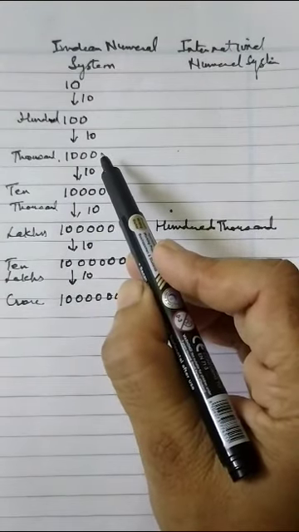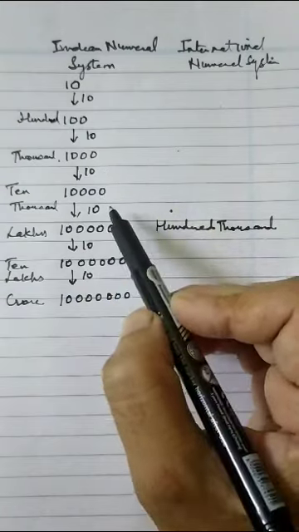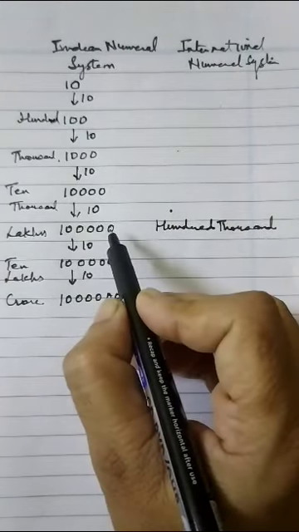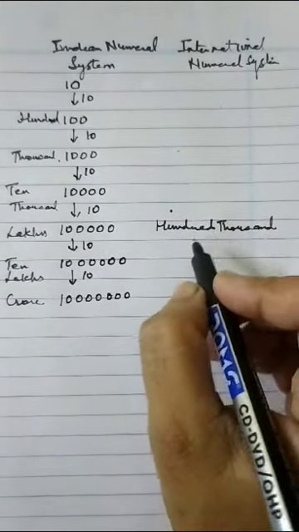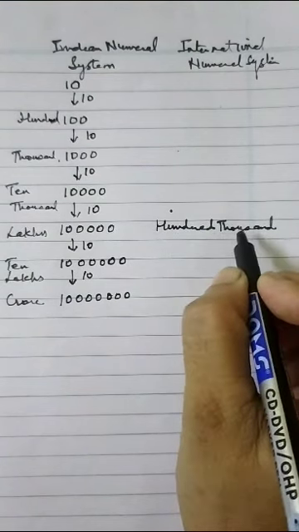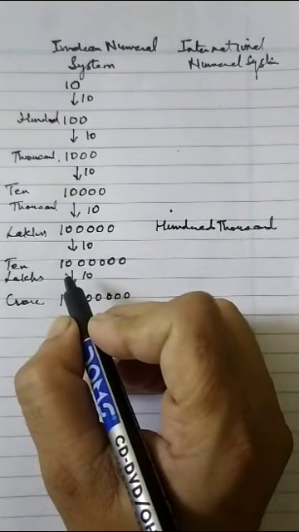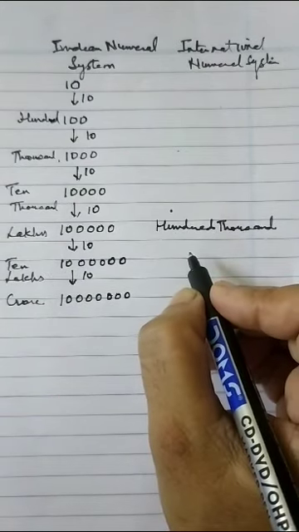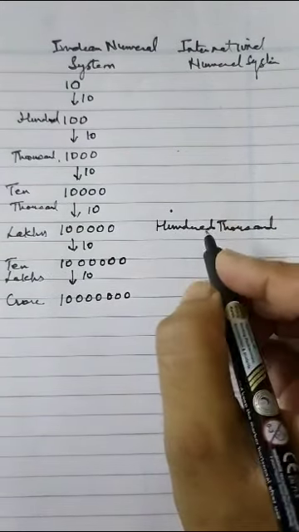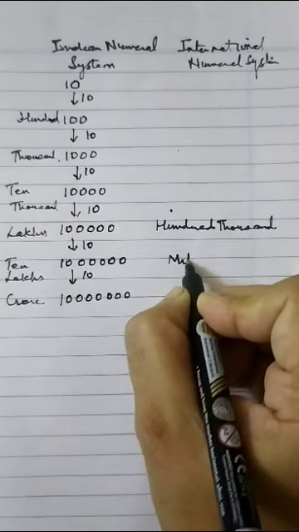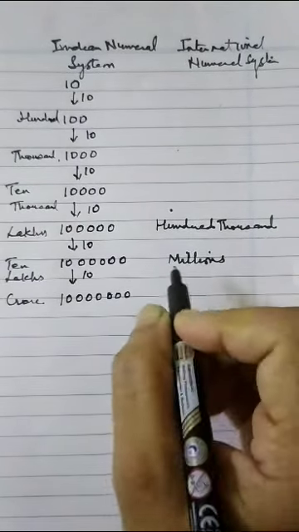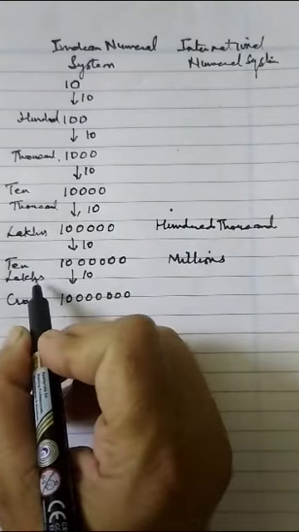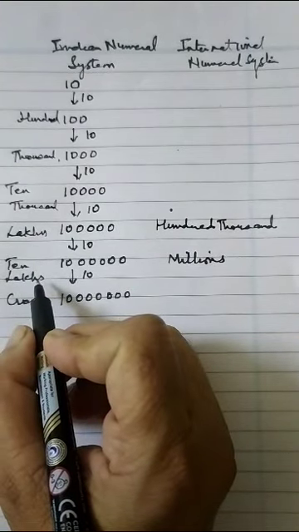If I multiply this 1000 with 100, I get this number. If I multiply 100,000 with 10, then I get 10 lakhs in the Indian numeral system. But in the international numeral system, this number is called million. So my 1 million is equal to 10 lakh.